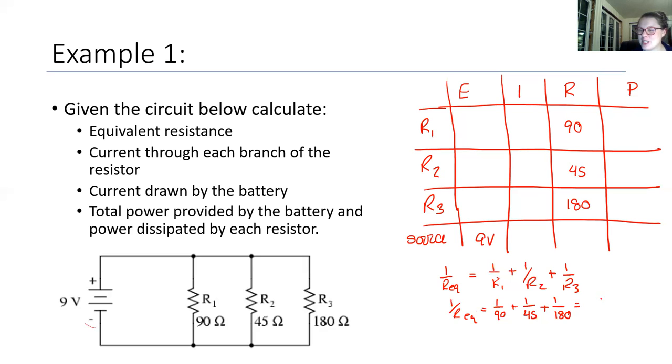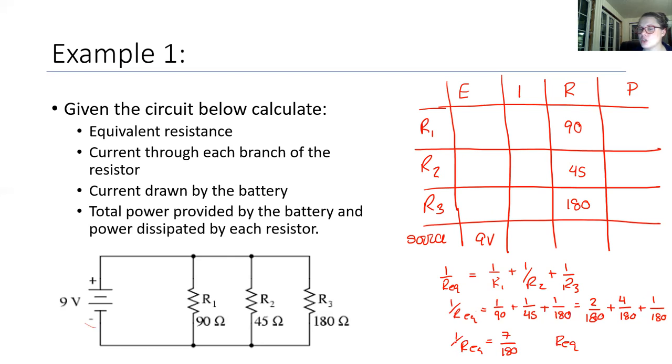Make common denominators. 180 is our common denominator, so 1 over 90 becomes 2 over 180, plus 45 times 4 is 180, so we have 4 over 180, plus 1 over 180. So 1 over REQ is equal to 2 plus 4 plus 1, which is 7 over 180.